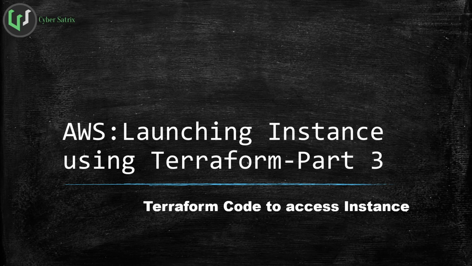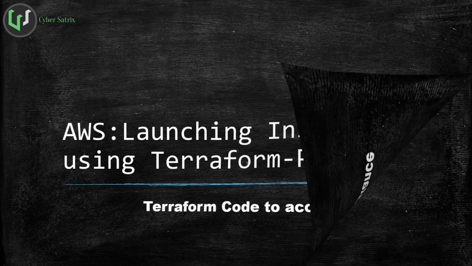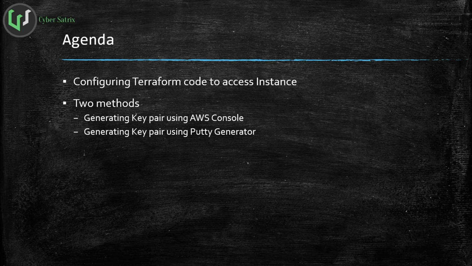In this part, I'm going to cover how to write or develop a Terraform code so that you will be able to access the instance. I have shown two methods to do that. The first method is generating a key pair using the AWS console, and the second method is utilizing a PuTTY generator to generate the key pair. Okay, so let's move forward.